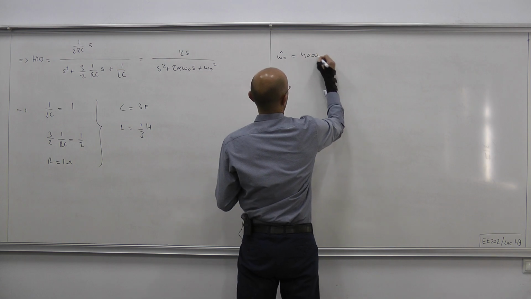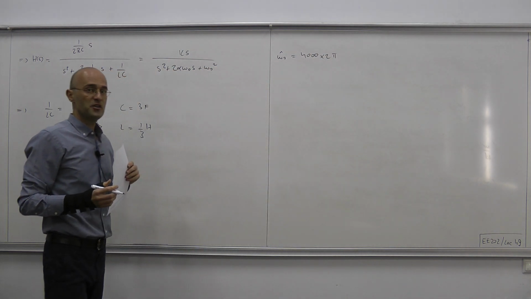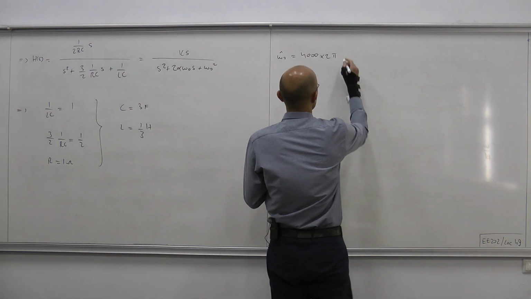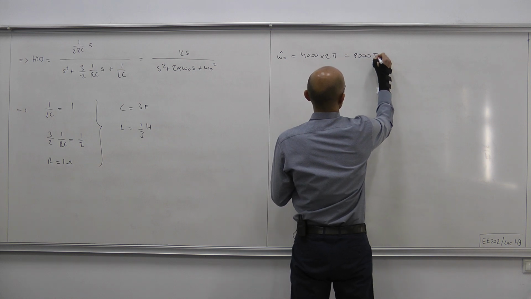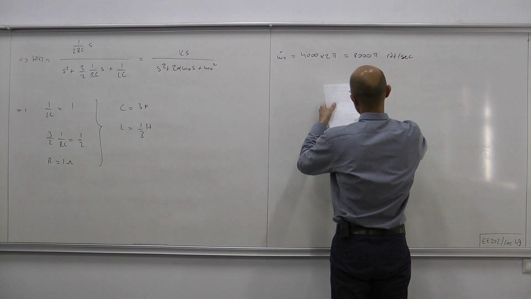So that makes 4,000 times 2 pi, 8,000 pi radians per second. From hertz we go to radians per second: 8,000 times 3.14 radians per second.